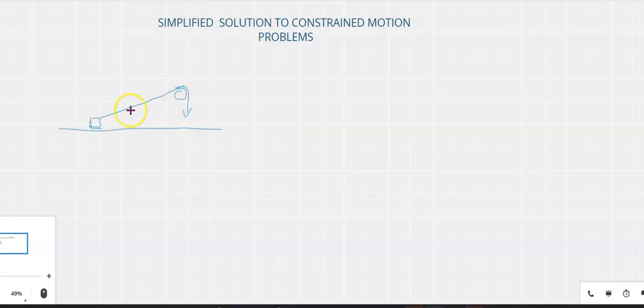Now the question is how these two velocities are related. So if this is VA and this is VB, then generally the approach which is taken is VB is VA cos theta. Suppose this is theta, VB is VA cos theta.